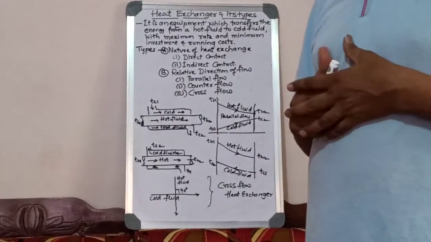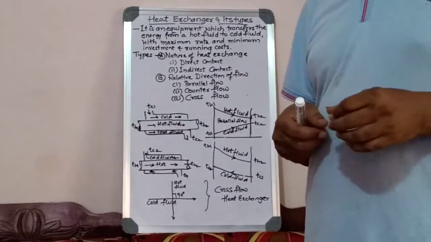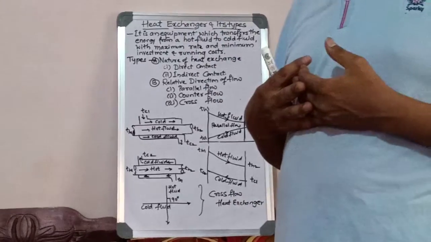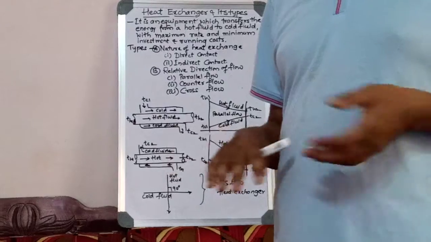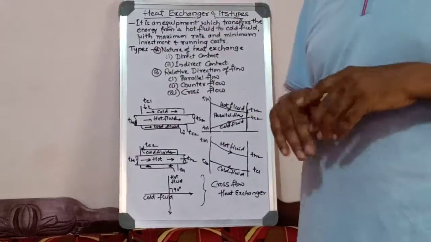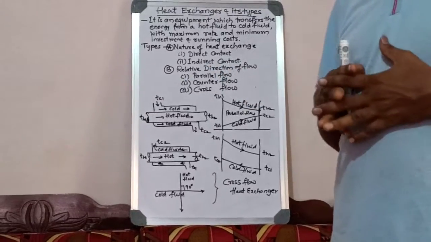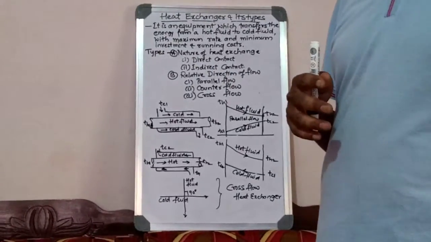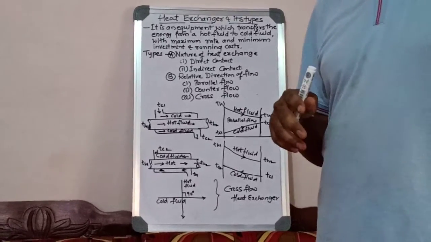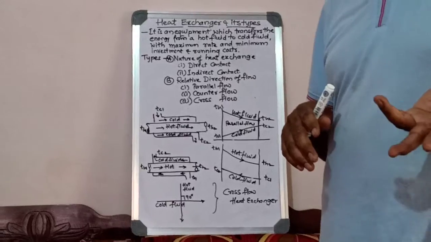A very good example of direct contact is just pouring cold water into hot water. For example, we are going for bathing and the water is very hot, so we pour cold water directly. The cold water and hot water are directly mixed. That is called direct contact heat exchange. One thing we have to remember is that the hot fluid and cold fluid should be the same, both water, with the same chemical composition.